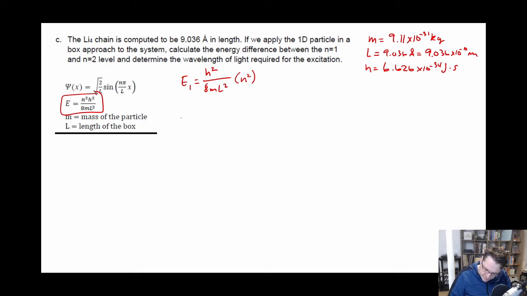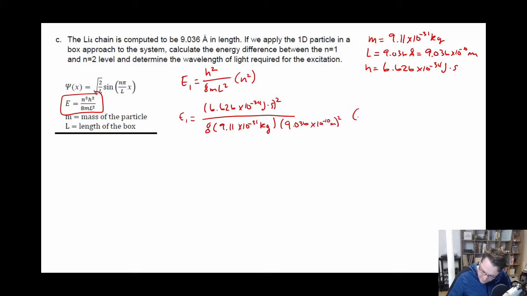So we plug all of that in here. E1 is equal to 6.626 times 10 to the negative 34 joule seconds, squared, over 8 times 9.11 times 10 to the negative 31 kilograms times the length, 9.036 times 10 to the negative 10 meters, squared, times 1 squared, because we're at the n equals 1 level.